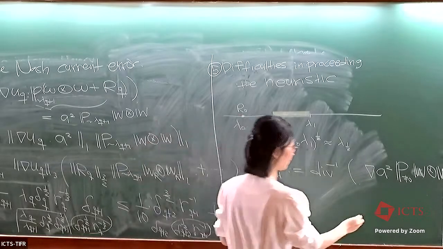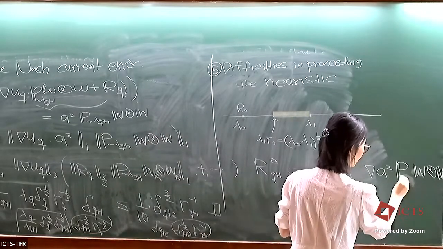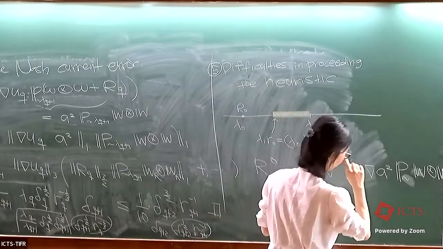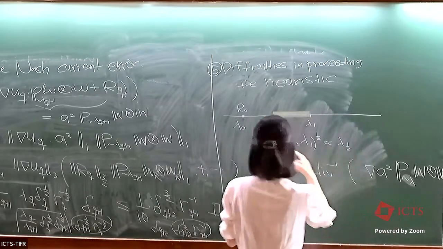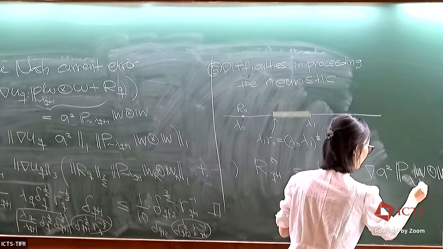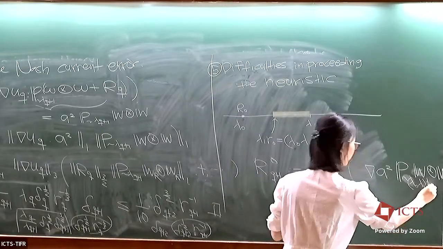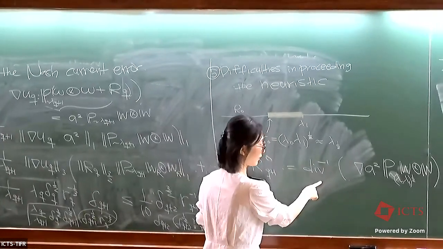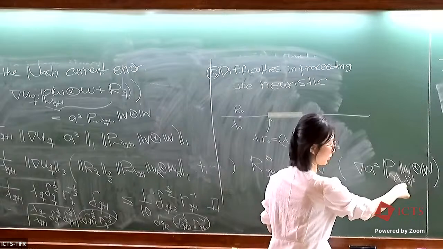And if the projection operator is at the frequency, the worst case, lambda 0, lambda 1 raised to the power 1/2, the gain from inverse divergence is only the inverse of this number.